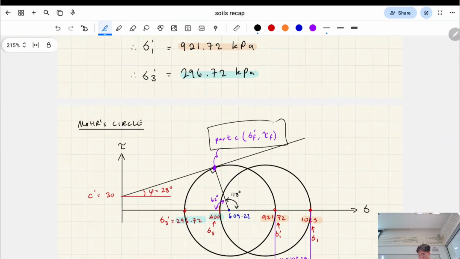Essentially here, we can plot it, and we're going to call it sigma failure dash and tau failure dash. Sorry, let's put a dash there.